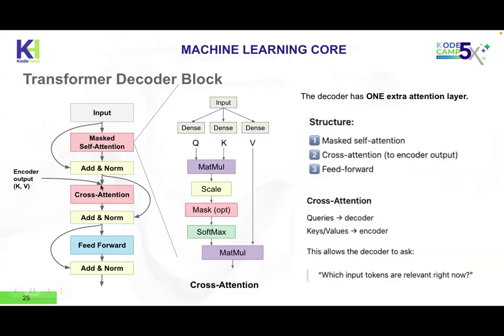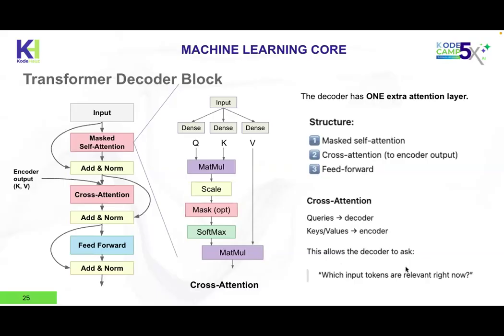And then we put that into the feed forward. So the essence of the cross attention, the queries will come from the decoder, while the keys and values come from the encoder. This allows the decoder to ask which input tokens are relevant right now.